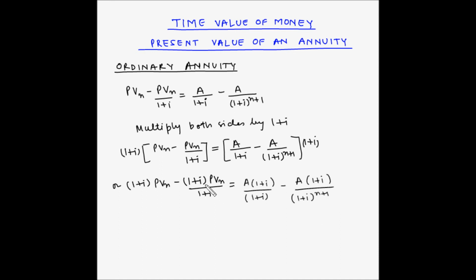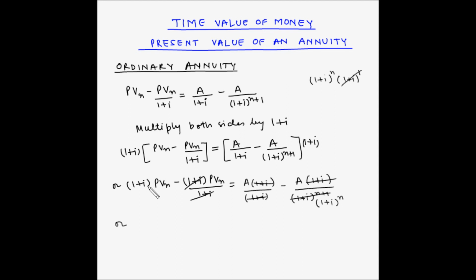So this 1 plus I in the numerator and denominator gets cancelled. This also gets cancelled. Now the denominator here can be written as (1 plus I) to the power n into (1 plus I) to the power 1, and the numerator is (1 plus I) to the power 1. So the numerator and this portion in the denominator will get cancelled. So what we get is A divided by (1 plus I) to the power n.